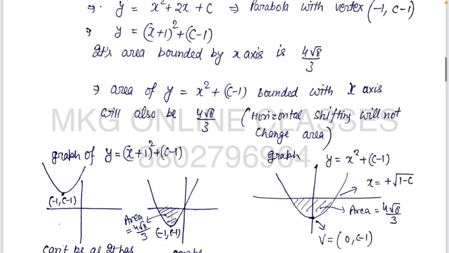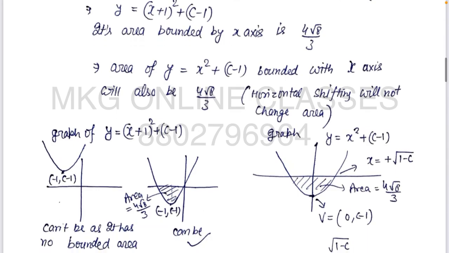So here the graph is not bounded with the x-axis, so this cannot be the case. The graph will be the second, the right graph. This will be the graph of y equals x plus 1 whole square plus c minus 1. Okay, so basically the area of this shaded region is 4 root 8 upon 3, as given.